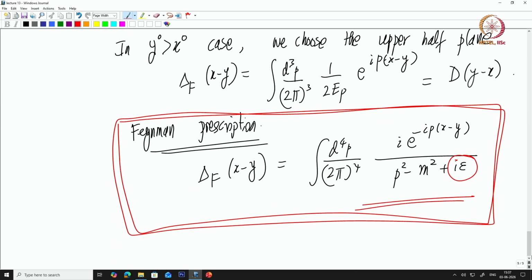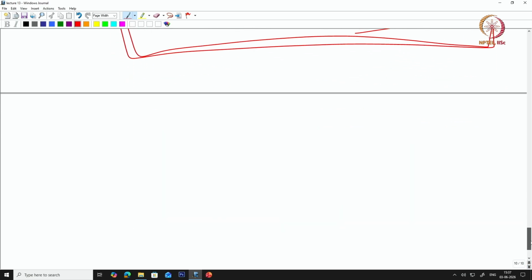Okay, I hope this is clear. Now there is one more thing I want to mention. There is another way of understanding propagators.